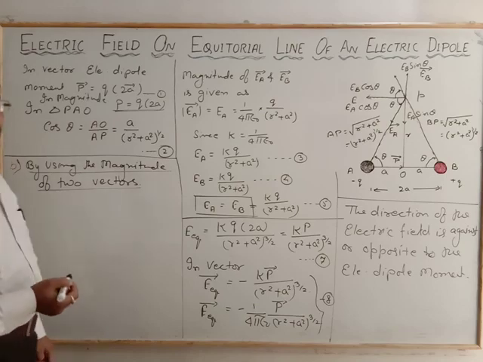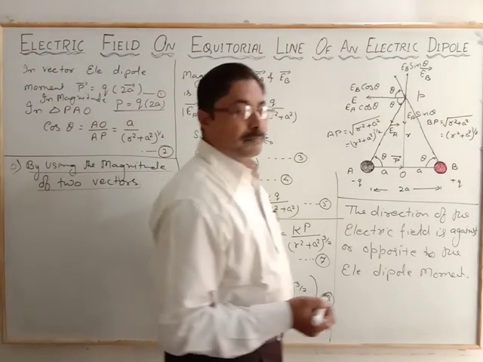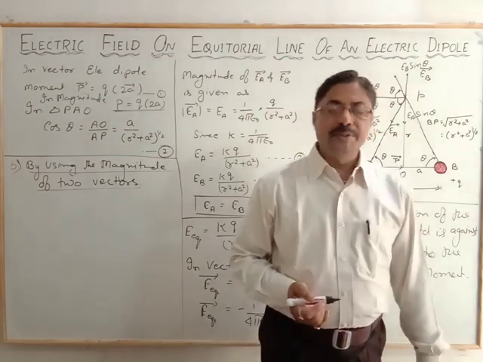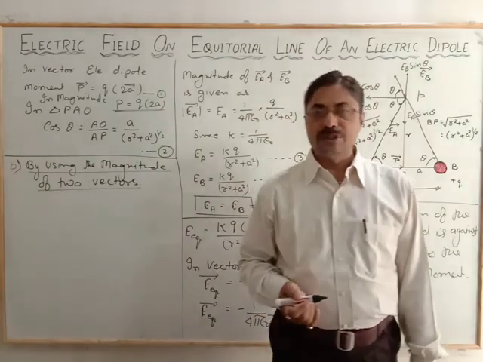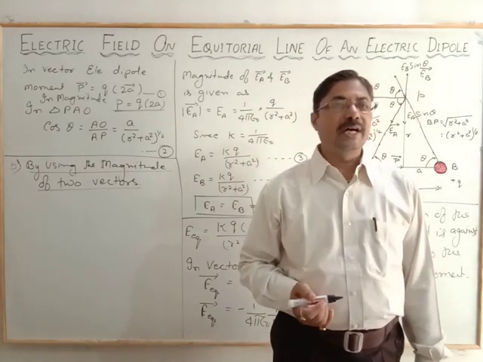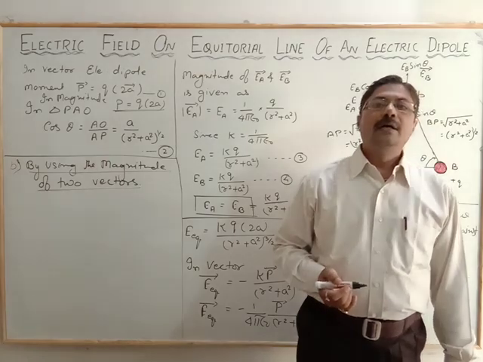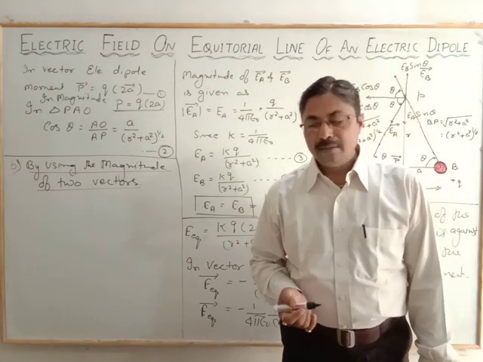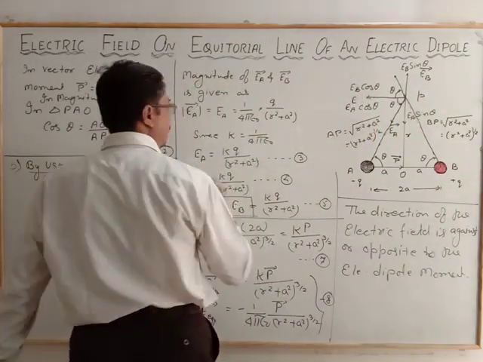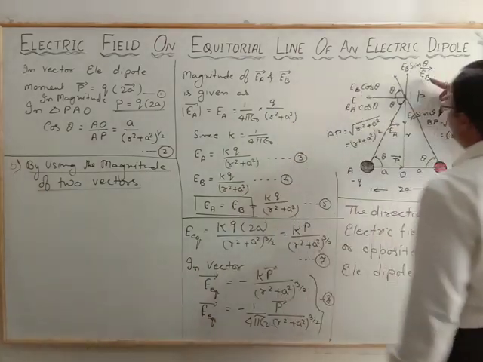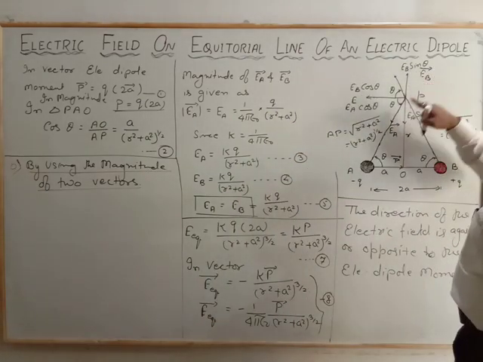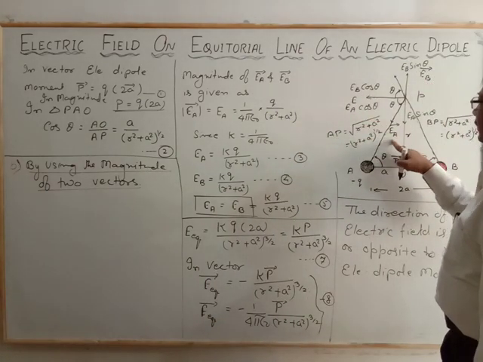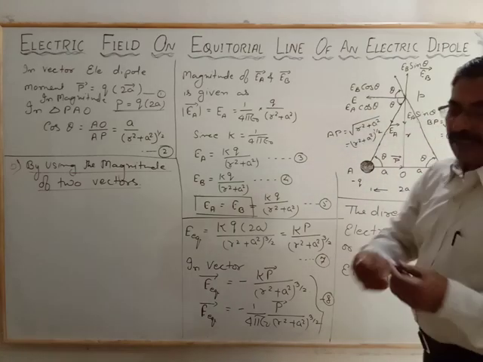We know that when we consider the magnitude of the resultant, r is equal to root under a square plus b square plus 2ab cos theta. So here also we use the two vectors, the EB vector and the EA vector.